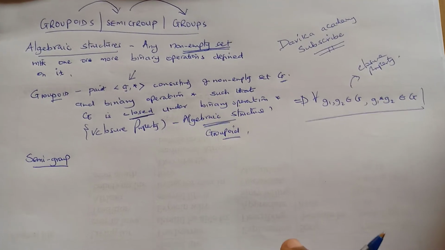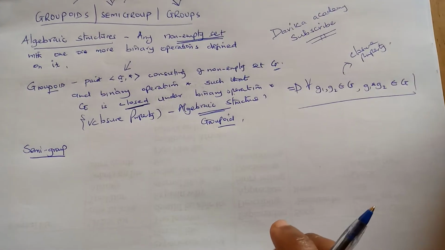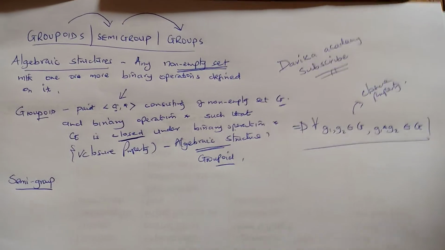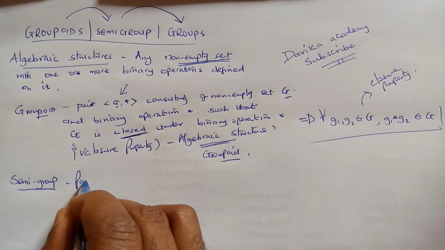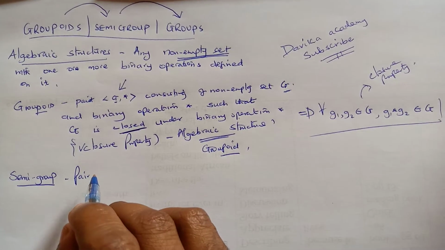So let us look at semigroup now. When you are talking about a semigroup, we are talking again about a given pair, because we are talking about an algebraic structure.